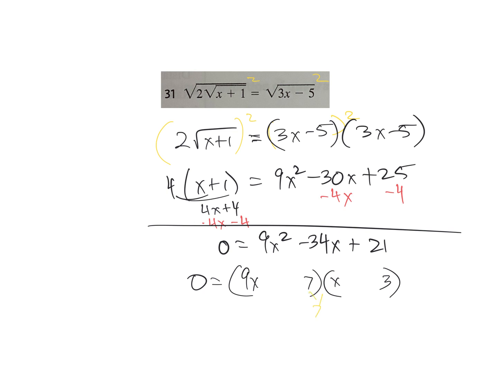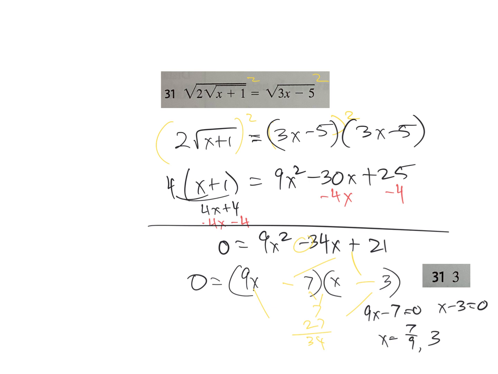So that's going to be 7, that's 27. So 27 and 7 is 34, but you need it to be negative, so they both should be negative, and a negative times a negative is a positive. So our answer is 9x minus 7 equals 0, or x minus 3 equals 0. Or x is positive 7/9, or 3. And it's just 3 for this one.